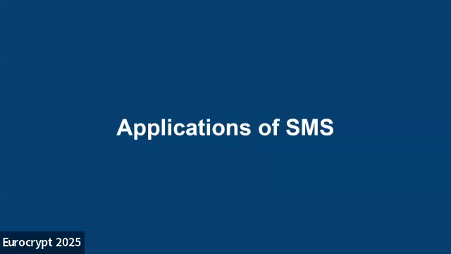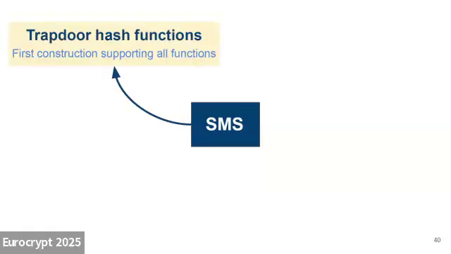Okay, so what are the applications of SMS, and why is this an exciting primitive? I hope you see why I like it so much. We show that SMS can be used to construct trapdoor hash functions for all functions. Before SMS, the only functions that we knew how to build trapdoor hash functions for were linear functions.